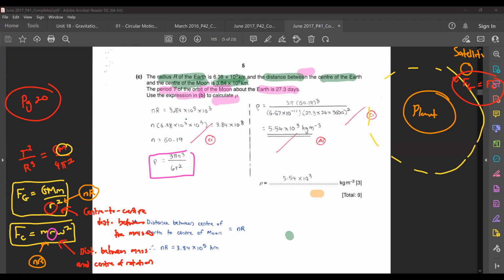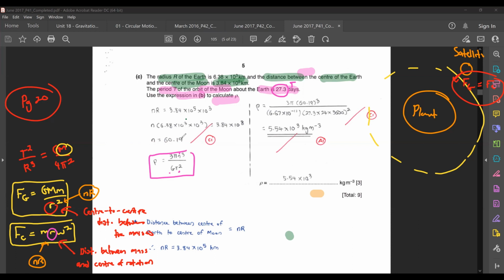Now from here, you try to see first, do you have everything? You have the universal gravitational constant G. You have the period at 27.3 days, but you don't seem to have n though. So you cannot just straight away use this. You need to find out what n was.